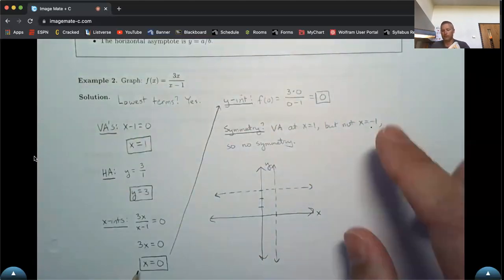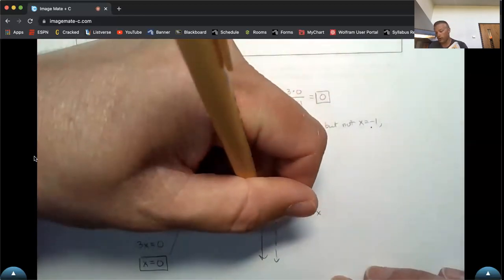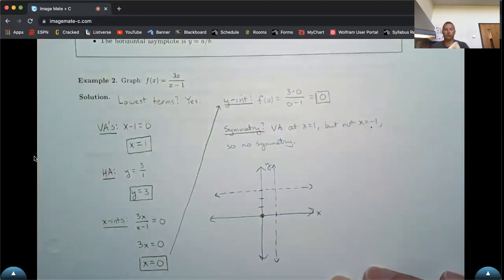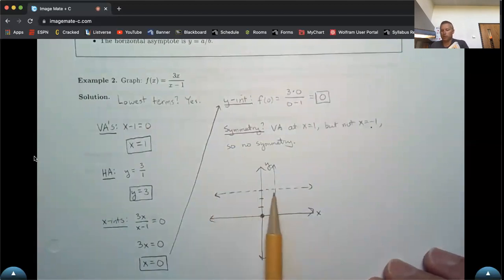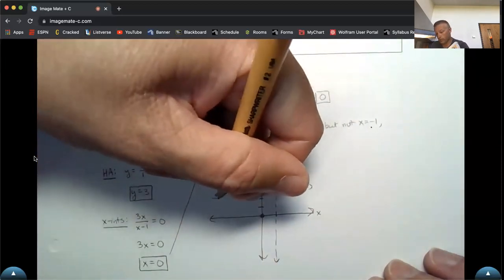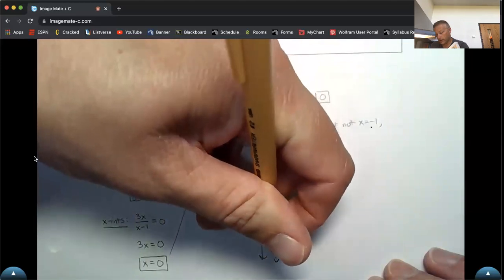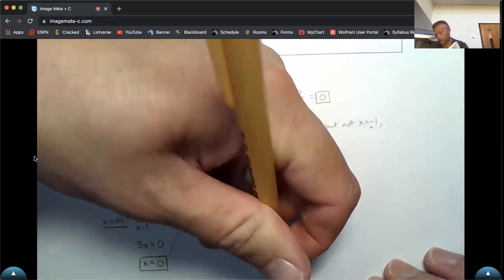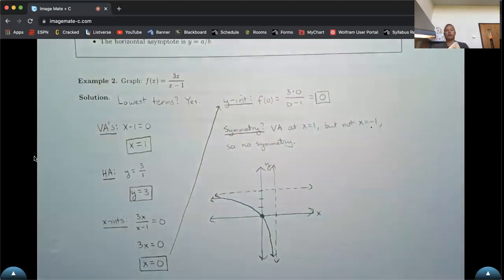I have an x-intercept and a y-intercept, of course, at 0, and no symmetry. So I don't know anything that's going on the right side of my vertical asymptote, but I see a point on the left side. It's below the horizontal asymptote and left of the vertical asymptote. So we're going to draw a graph that continues that trend. So there's the left side of our vertical asymptote.